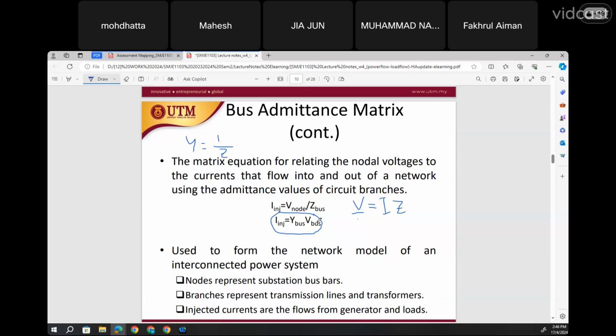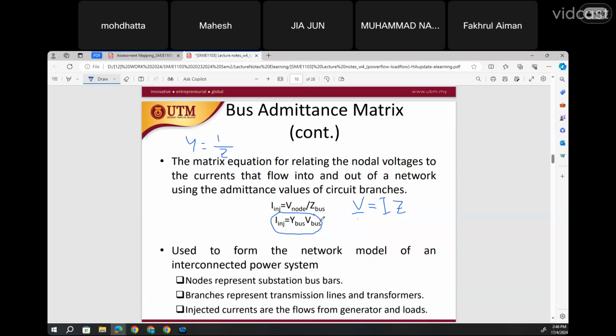The current will be based on the load that we connect to that particular bus or voltage source.